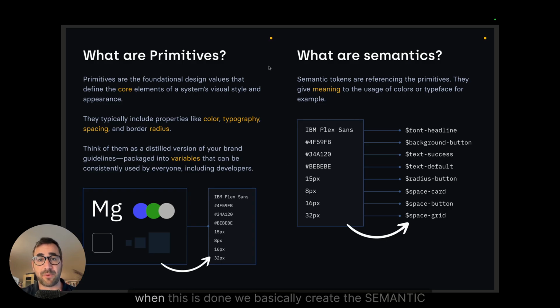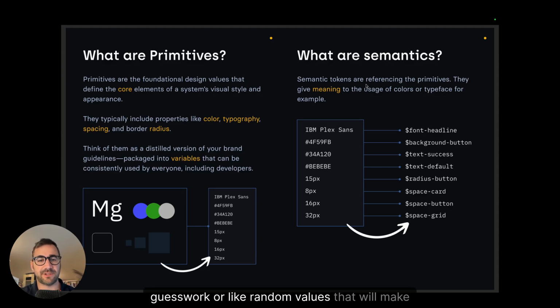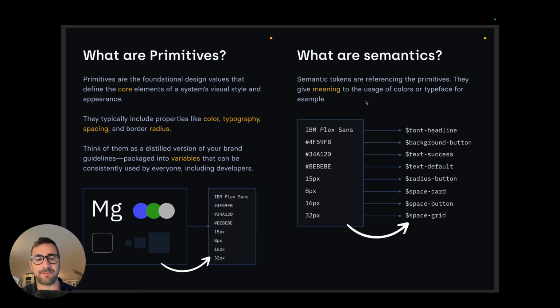When this is done, we create the semantic variables. This is also a list of variables, but only referencing the primitives. So there will be no guesswork or random values that will make your system inconsistent. And these variables will also be used directly by your components.